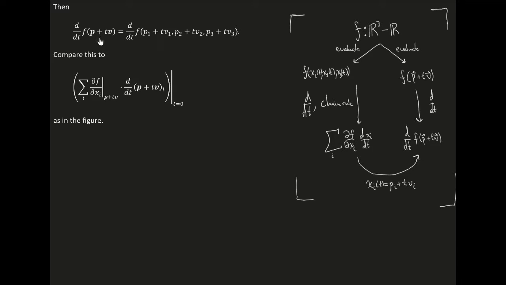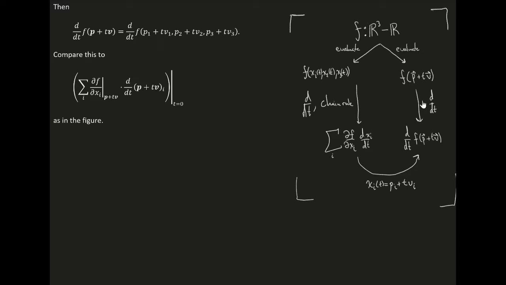So that's what we were starting with, and we came to this end point by the chain rule first, and then evaluating. We could have otherwise simply just evaluated at p plus tv, and then we end up with the derivative by taking the derivative of whatever this function of t is.